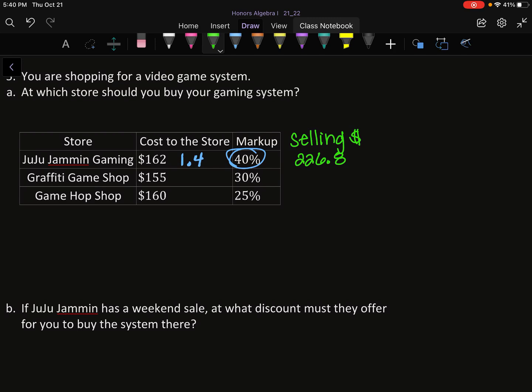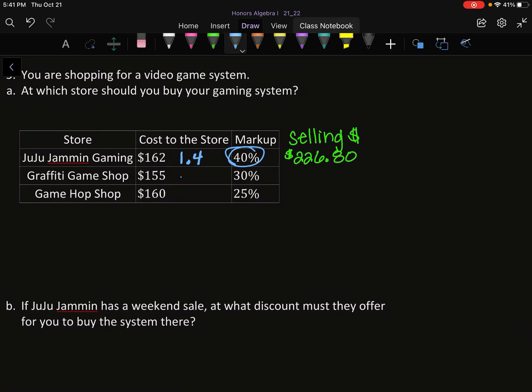I'm going to do the same thing. For Juju Jammin Gaming, that's $226.80. Then $150 for Graffiti Game Shop: 155 times 1.3, because not only are they selling it for 100% of what they bought it for, but they're adding 30%.